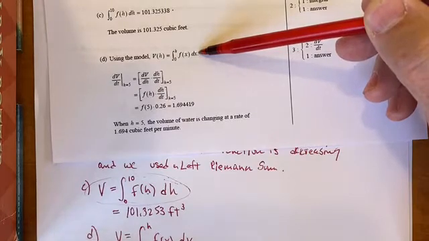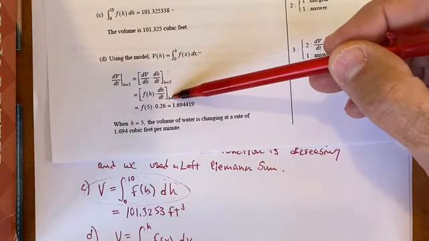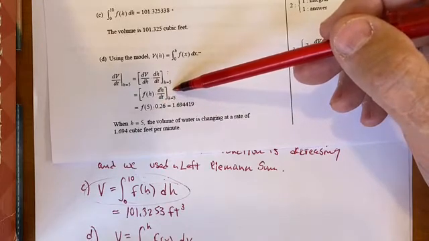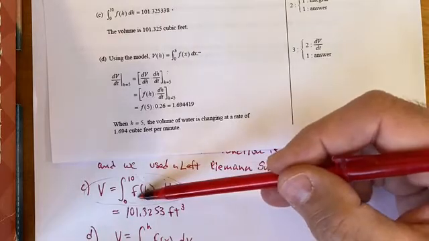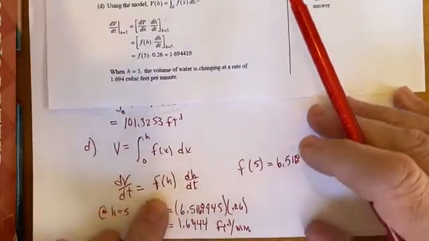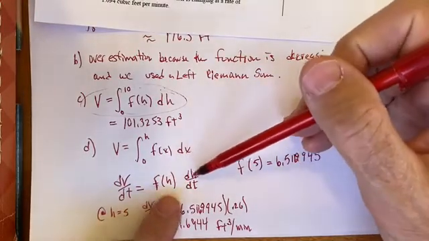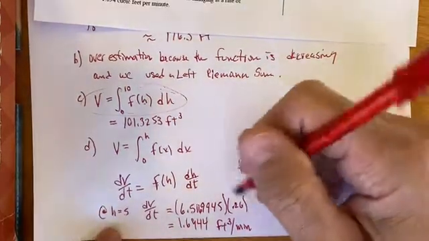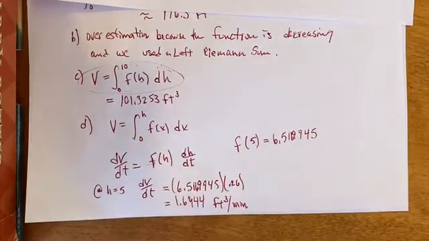That's the same. I skipped this thing. dV dt is the integrand times the rate of change of that variable in terms of time. And then you plug in the numbers and get the answer. So there you have it. I think we got all the points.